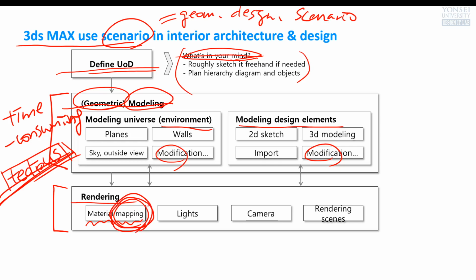Very complicated, but anyway, you need to know it precisely and in detail. How about lights? Photometric lights are one of your subjects for this week's lab exercise, but there are many different types of lights: omni lights, spotlight, free light, target lights. Some technical tweaks, very tricky things you have to take into account.